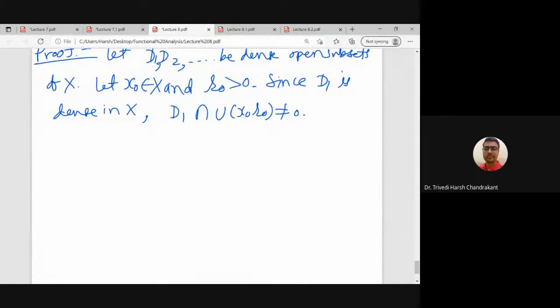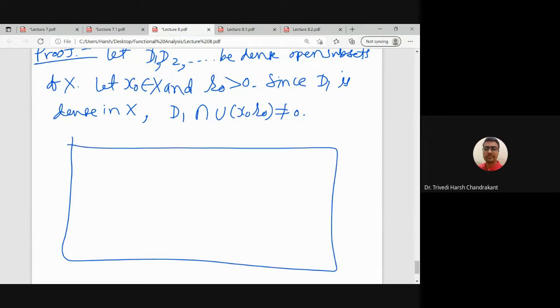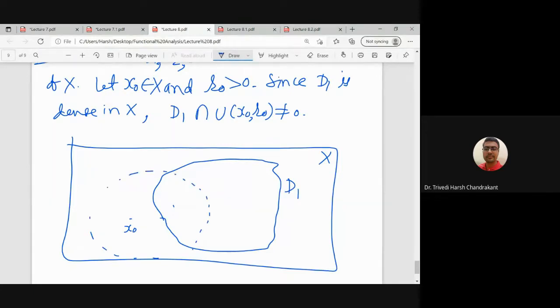If we draw the diagram, let us say this is D1, which is dense in the metric space X, and we take some point X naught and a neighborhood of radius R naught around X naught.